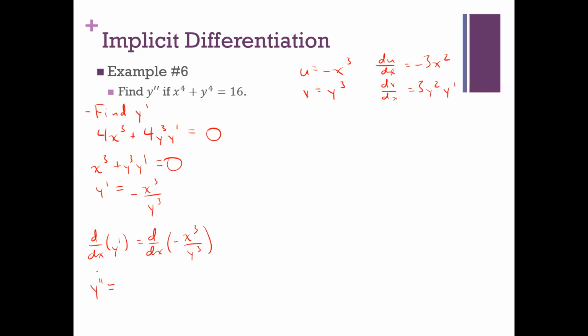Doing all the pieces of the quotient rule, I've got negative 3x squared times y cubed minus negative x cubed times 3y squared y prime, all over y to the 6th.